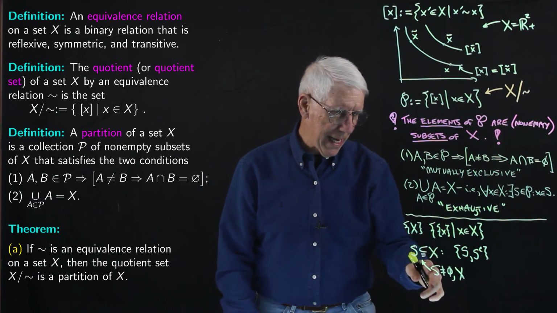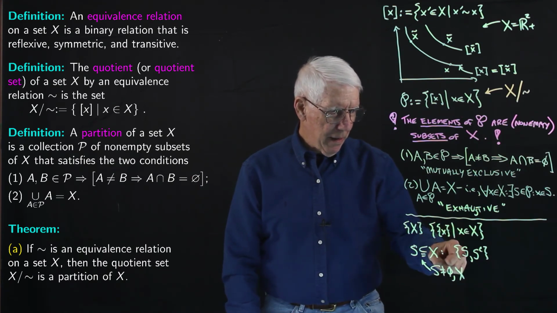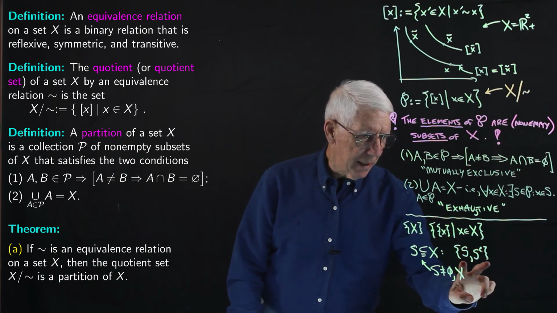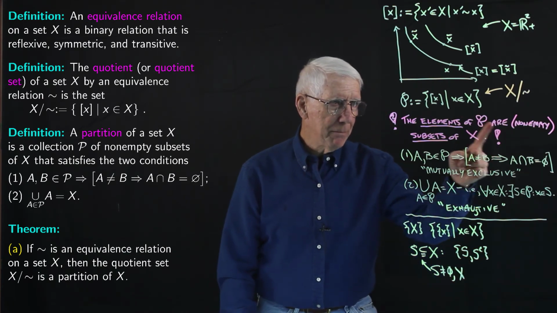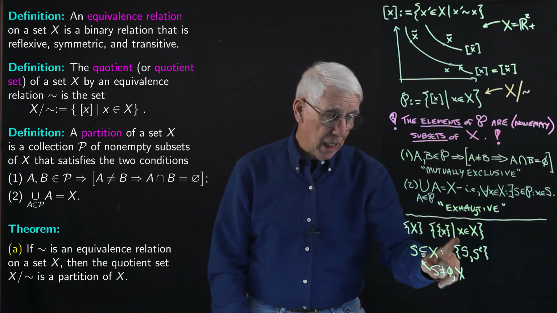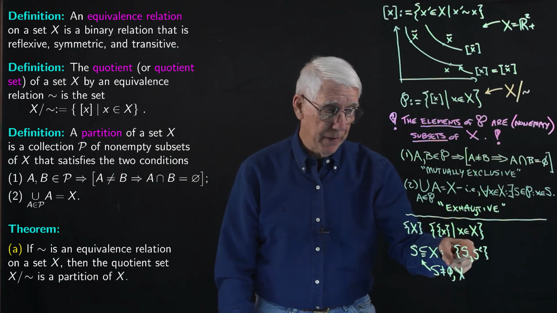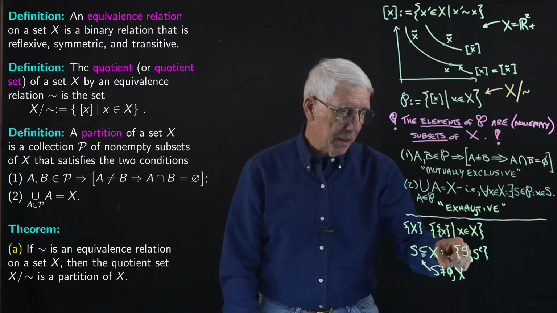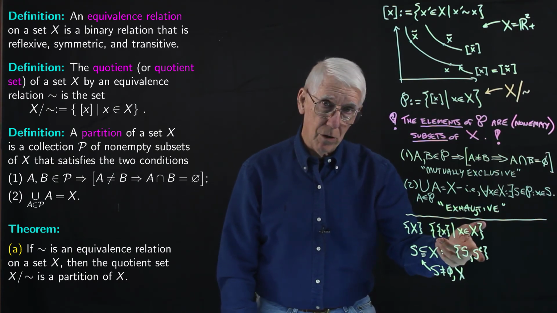But so long as S is not the empty set and not the whole set, then this set with two elements, each of which is a non-empty subset of capital X, is a partition because they're mutually exclusive. No element is in a set and its complement. And they're exhaustive because every element is in either the set S or its complement.